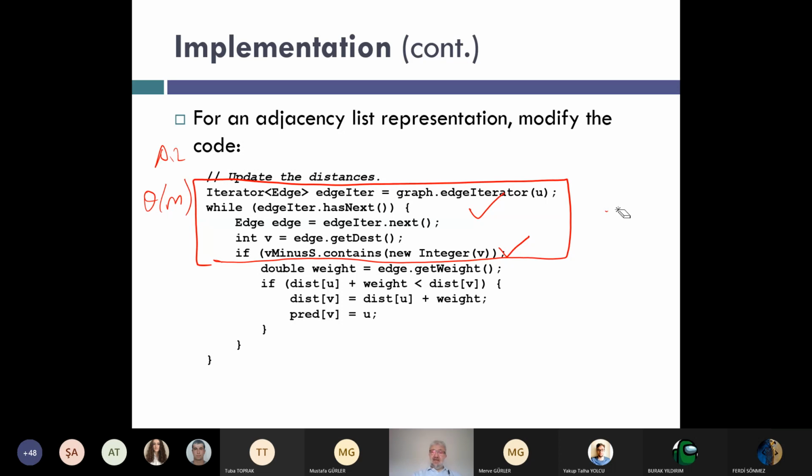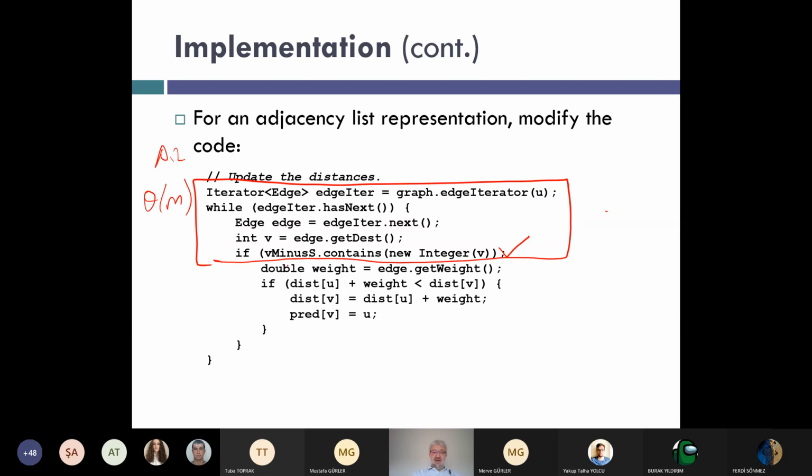Since we have an iterator, getting an iterator is constant time, hasNext is constant time, and getting next is constant time in adjacency list. When you get the edge, you can get the distance and the next vertex in the edge in constant time.